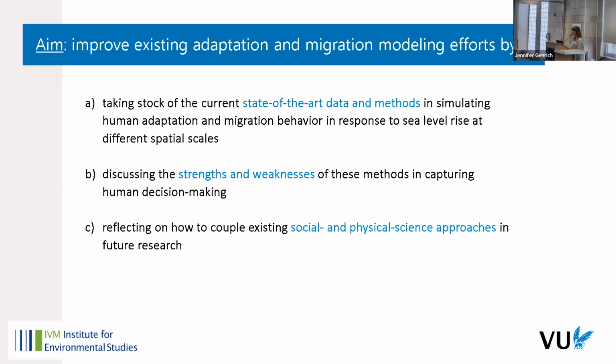Second, we want to discuss the strengths and weaknesses of these methods. Third, we want to reflect on how to couple existing social and physical science approaches in future research. I'm really curious about the discussions we're going to have on how to model migration and what the different perspectives are.